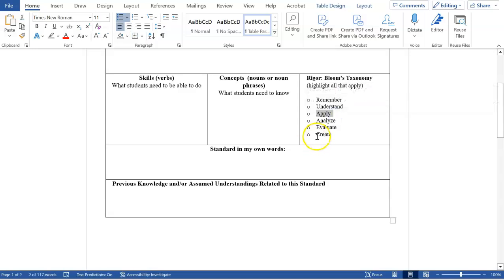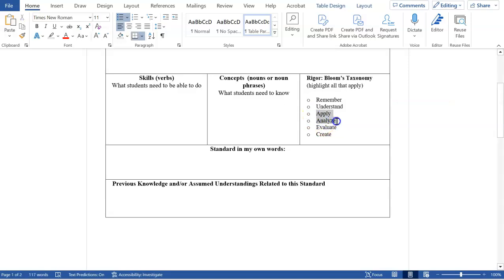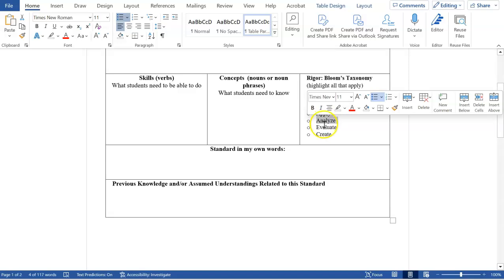And in the higher level objective, if you're asking them to analyze the similarities and differences between two things, you would highlight those two as the levels of Bloom's that you're addressing in your lower and higher level objectives.